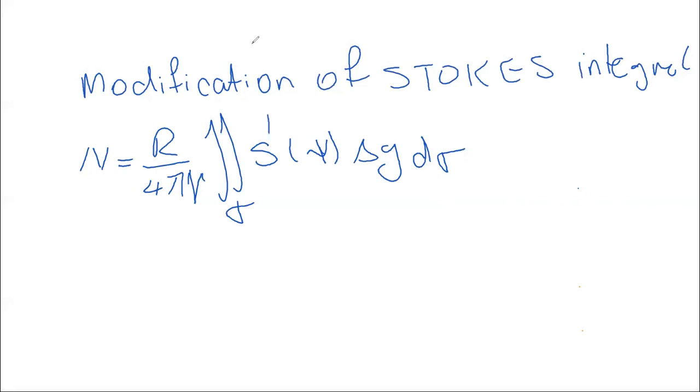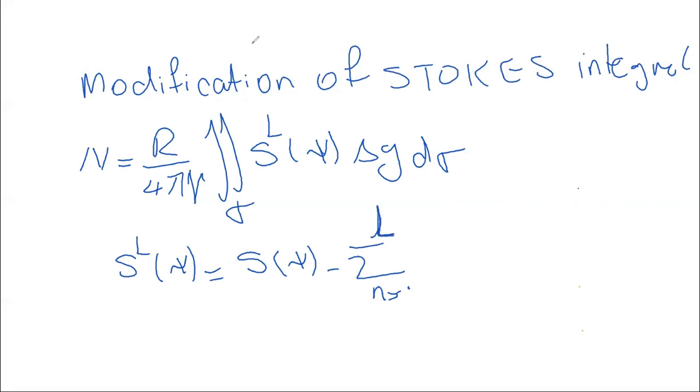Let me call this L, which means the modified kernel. I want to change this kernel. How do I write it? The Stokes kernel minus another kernel, summed from 0 up to L. This L is the degree of modification. We'll discuss that later.